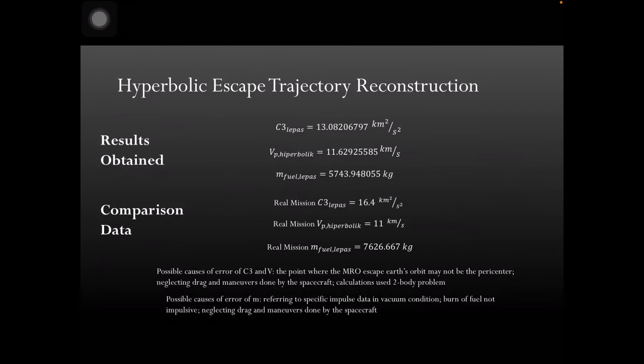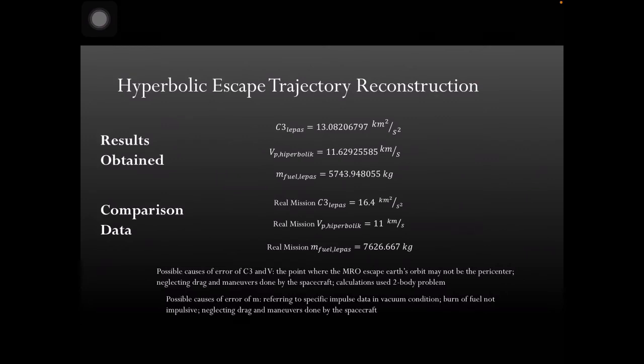And by comparing some of the obtained variables, such as the characteristic energy, the velocity at the hyperbolic orbit pericenter, and the fuel needed for the orbit change, it can be seen that the analytical values have some deviations from the real mission data.